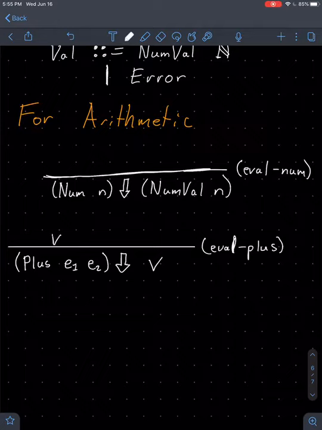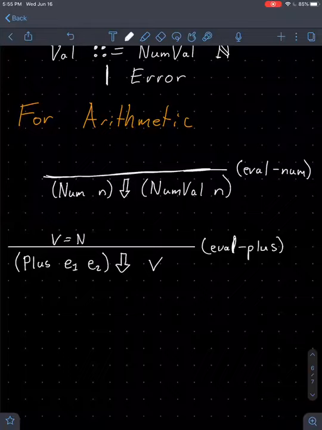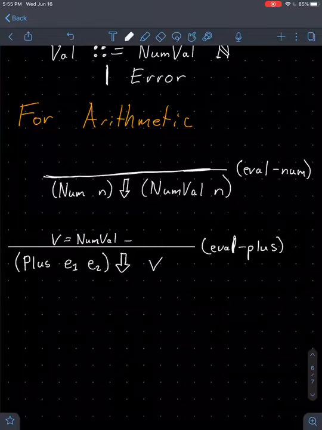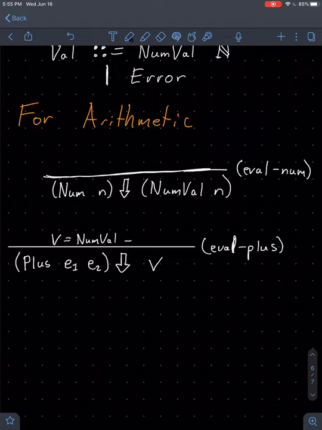V is going to be hopefully a num val. But now I have a problem. What goes there? So I added that as a premise, kind of what V is.